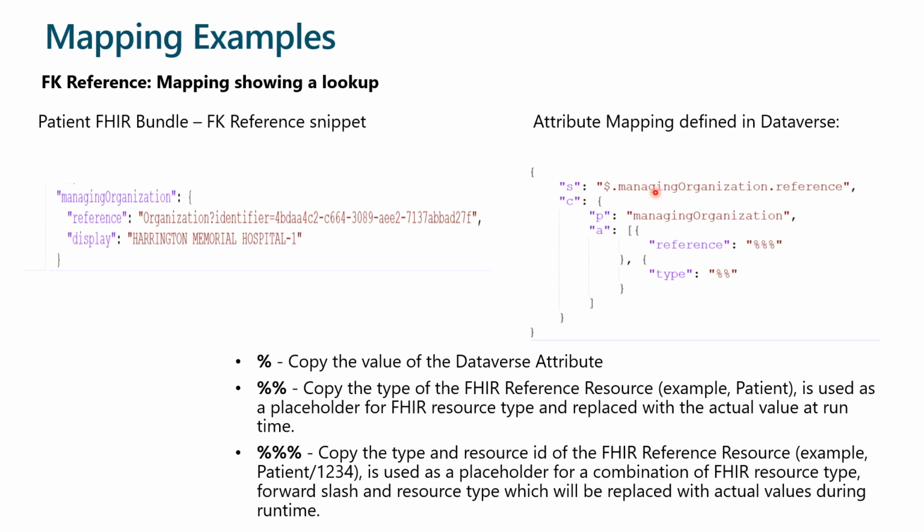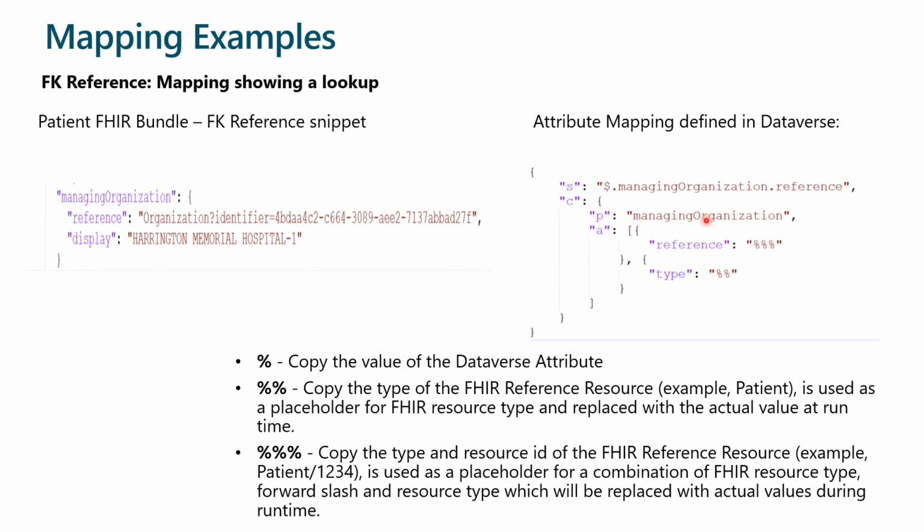The S section would get the lookup value by using the managing organization reference value. And for the C section, when the Dataverse updates are going to FHIR and the FHIR doesn't contain this managing organization node, the C section creates that JSON node needed.